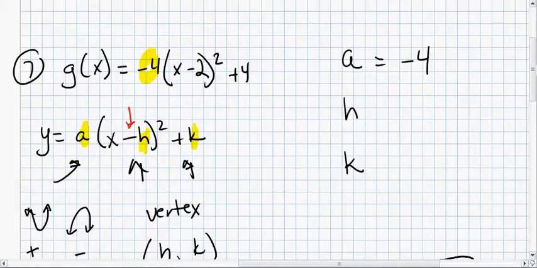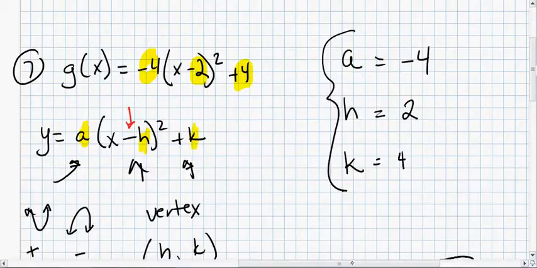And h is this number right here. So I'm subtracting 2. Remember, I was going to write the opposite of whatever that was. So it'll be a +2. And then k is going to be whatever number I'm adding and subtracting. And in this case, it's a +4. So there's h and k and a.